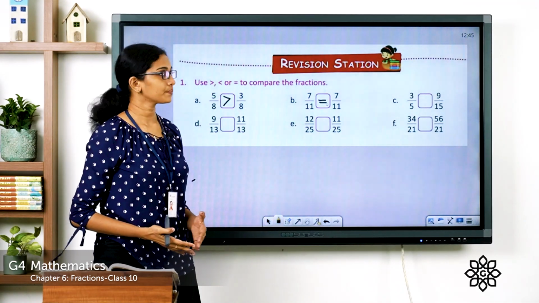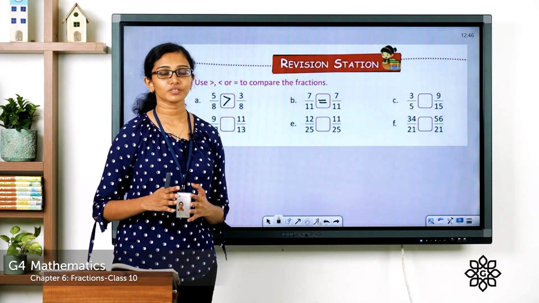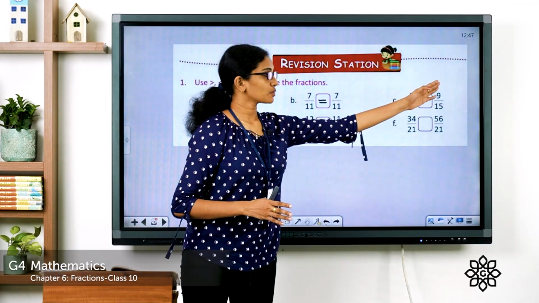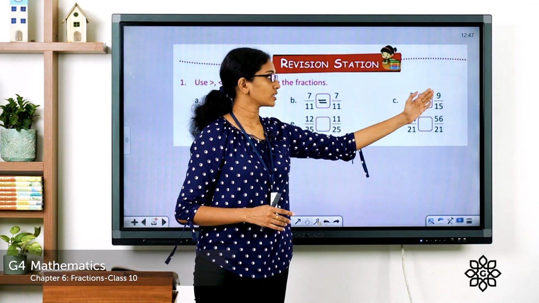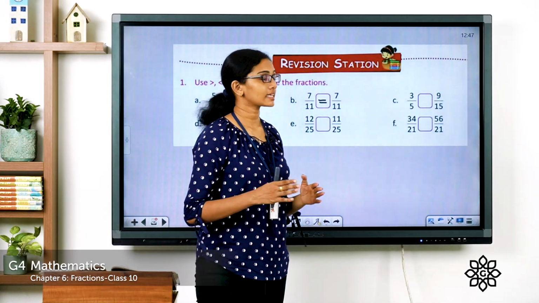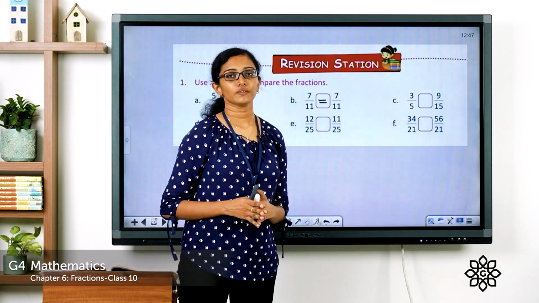Now, the third one, question C, 3 by 5 and 9 by 15. Observe the fractions 3 by 5 and 9 by 15. The numerator in the second fraction, the fraction on the right, 9: 3 into 3 is equal to 9, and the denominator, 5 and 15: 5 into 3 is equal to 15.